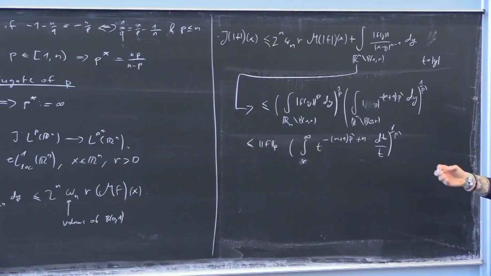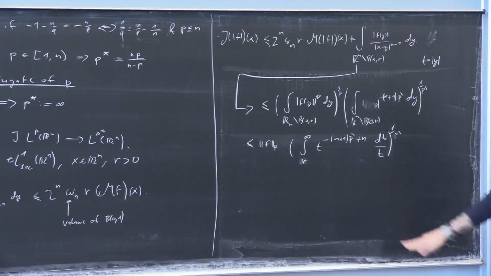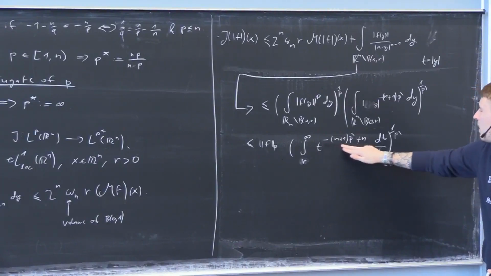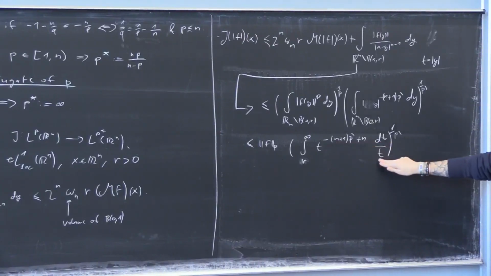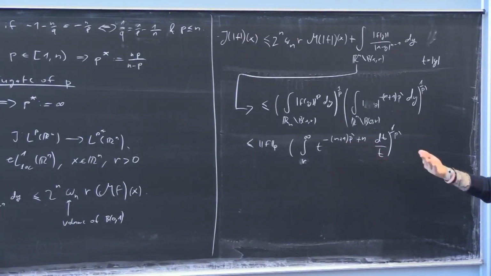But here we could have a singularity only in infinity, and we want to rule this out. So we should see if this exponent is strictly negative. If it is strictly negative, then we have this additional t to the minus 1, so it will give us integrability at infinity.